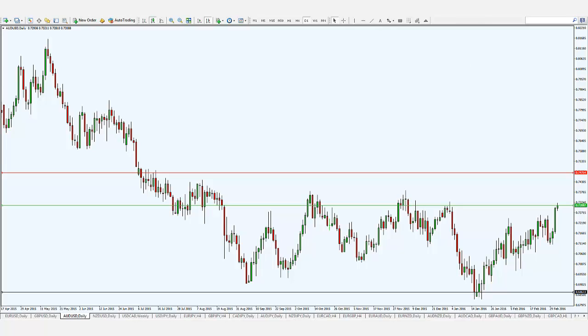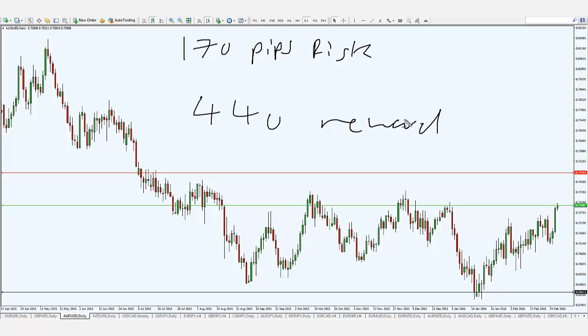Okay, you're risking 170 pips, this is your risk, and your reward is about 440, this is your reward. So if you compare it in terms of dollars, you're risking $1 to make about $2.58. But let's round it off to $2.60. All right, so risking $1 to make $2.60.